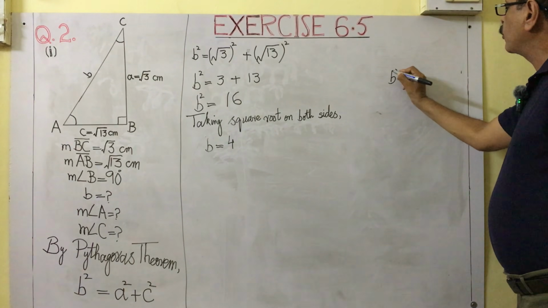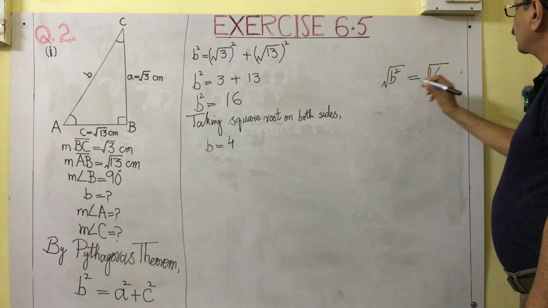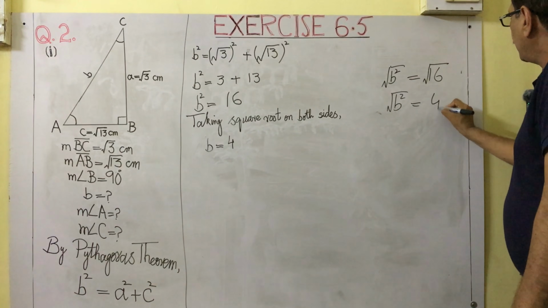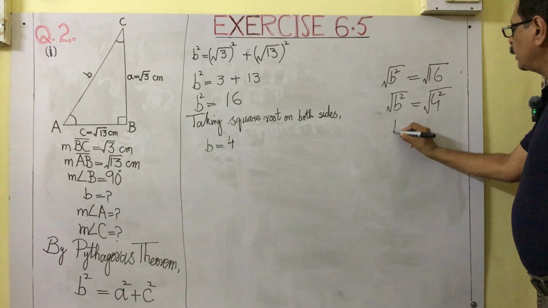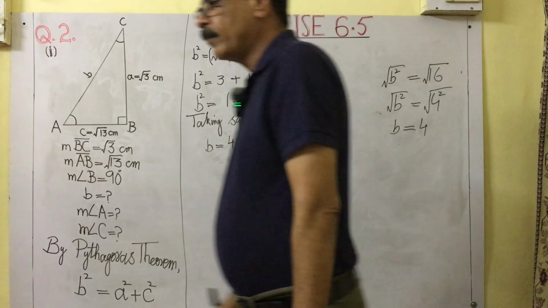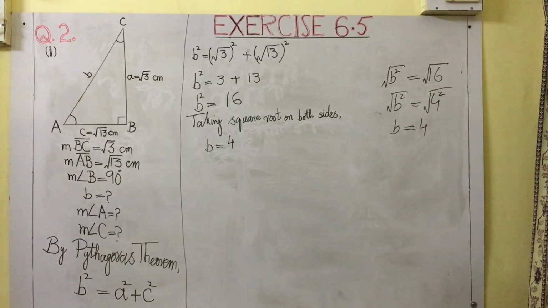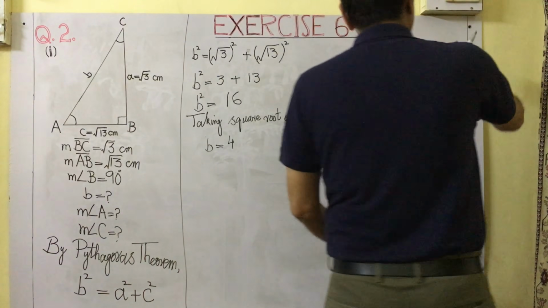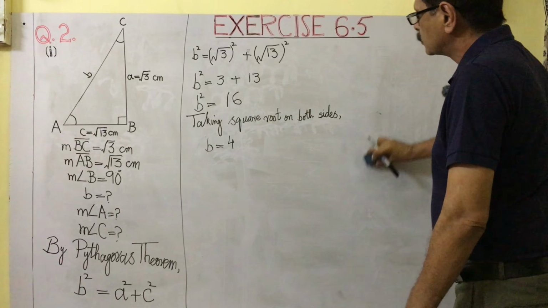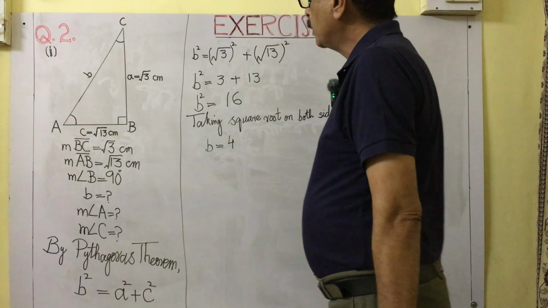Square root of B square is B, and square root of 16 is 4. So this is how we come to know that B is equal to 4. Now we have B also.